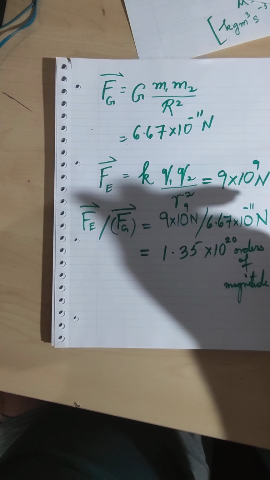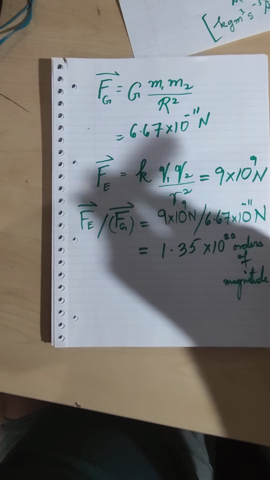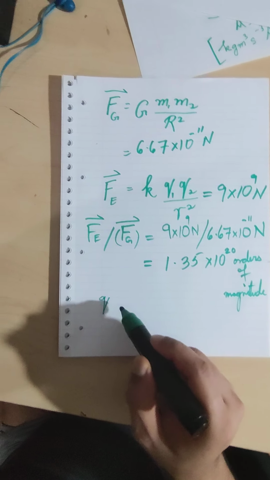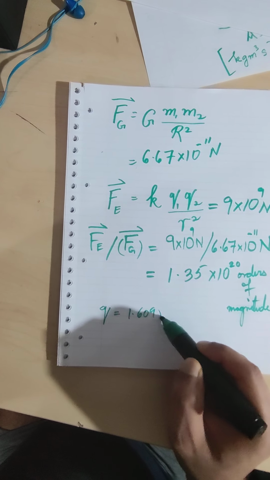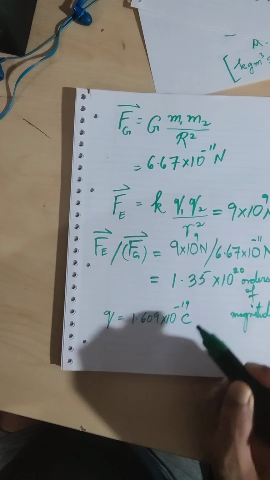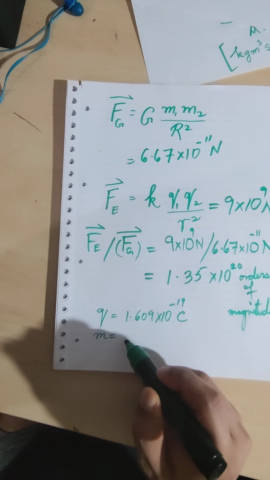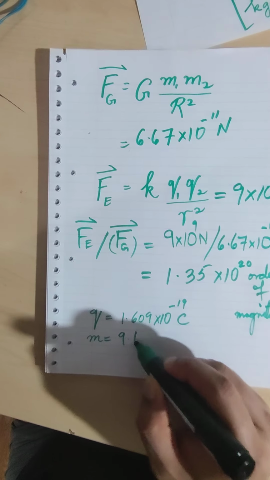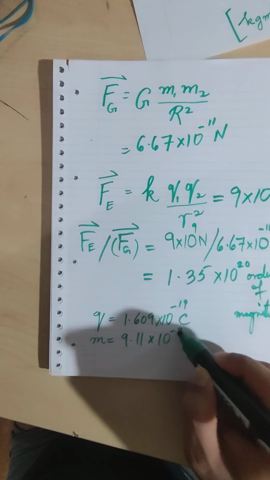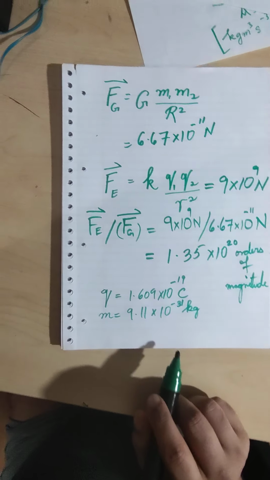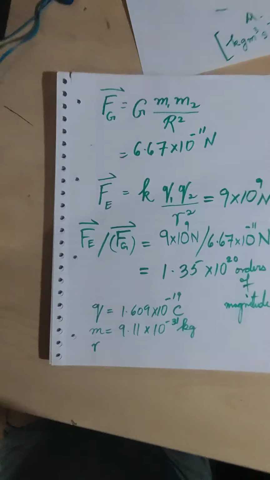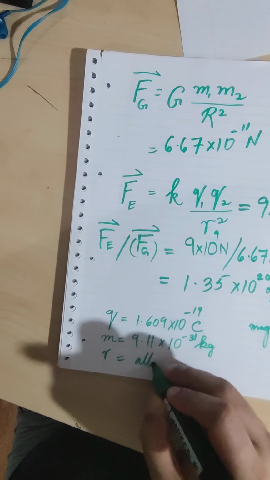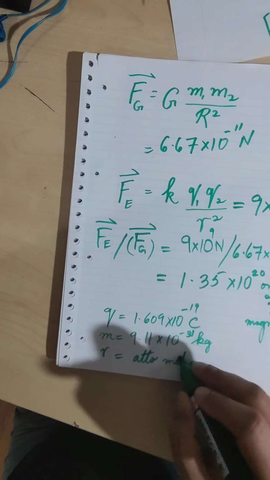Normally, when we compare electrostatic and gravitational force, that's between point charges, and the charges are 1.609 times 10 to the power minus 19 coulombs, and the masses are electron masses, I think 9.11 times 10 to the power minus 31 kg, and the radii are very minuscule, like atomic dimensions.